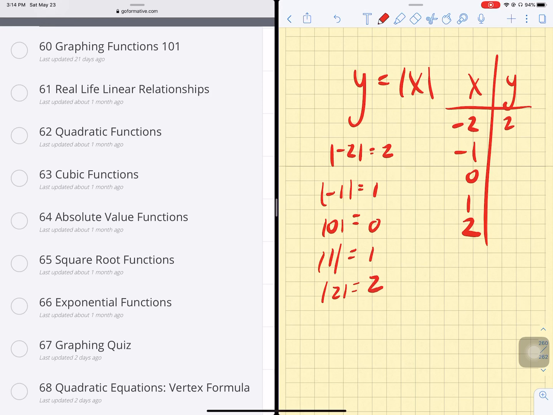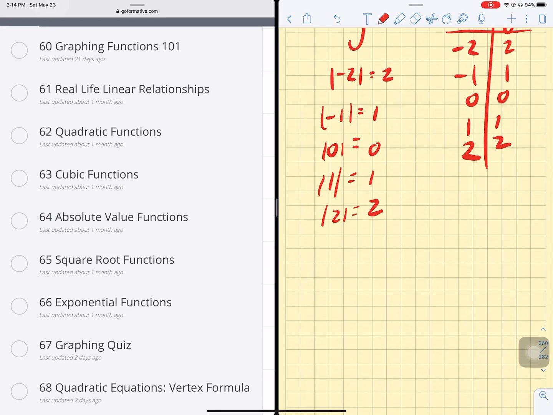Those go in here. 2, 1, 0, 1, 2. It's pretty simple, right? The absolute value graph is going to be similar to a parabola, except it's going to make a V shape. So it's a little different. So we have the 1, 1, the -1, 1. We have the 0, 0. We have a 2, 2, a -2, 2.